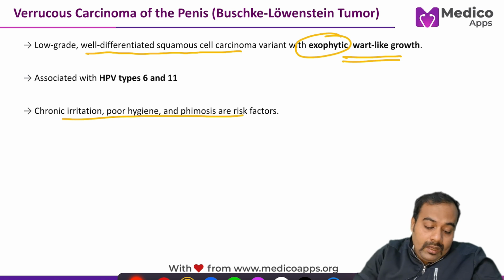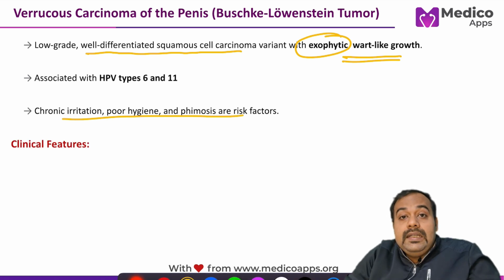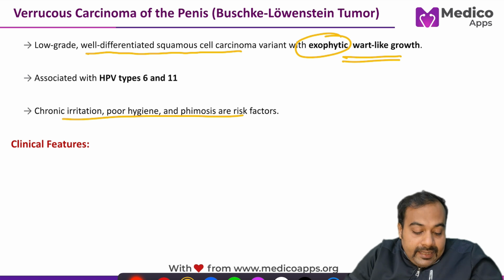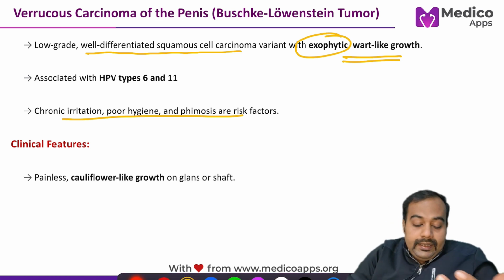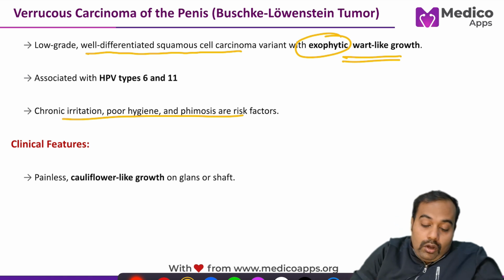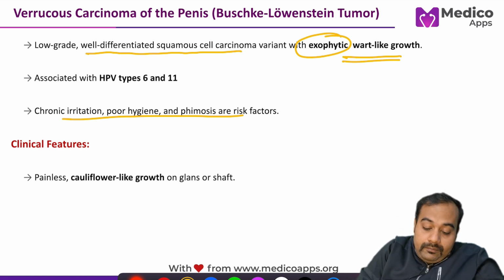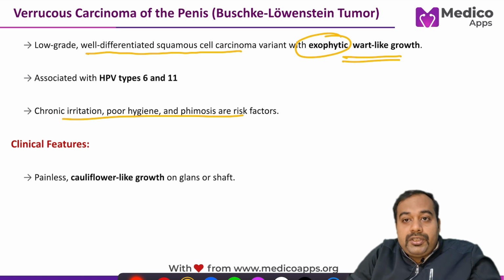Now, let's understand the clinical features of these cases. The patient presents with a painless lesion with a cauliflower-like growth on the glans, or sometimes on the shaft as well.